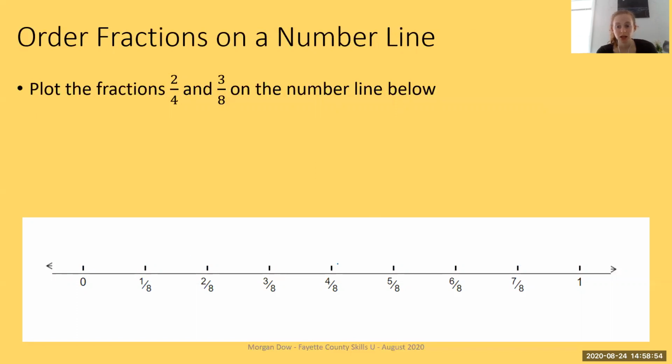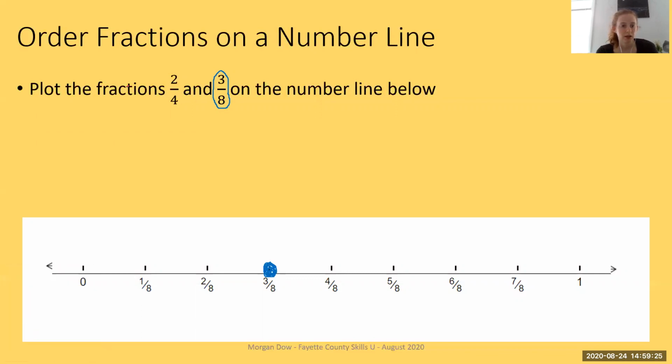So this number line is a number line that's showing me 8ths. And so the fraction 3/8, that's going to be really easy to plot because that already has a denominator of 8. So I can just go ahead and I can put that right on the number line. I'm going to put a point right on the number line at 3/8. So I've just plotted 3/8 on the number line.